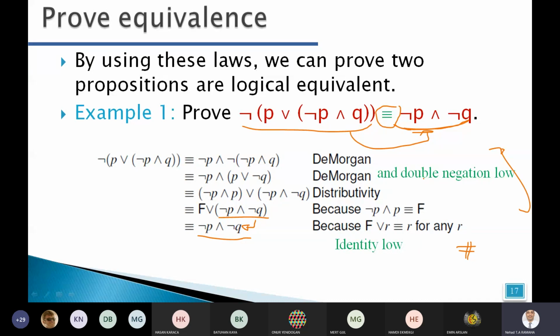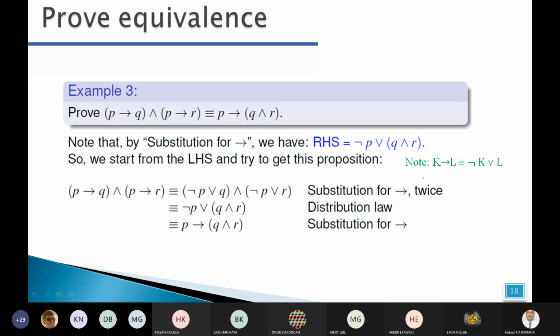De Morgan law you can also understand. Double negation: the negative of the negative becomes positive, the two negatives eat each other. Okay, it's very clear. You just need to practice with some examples.